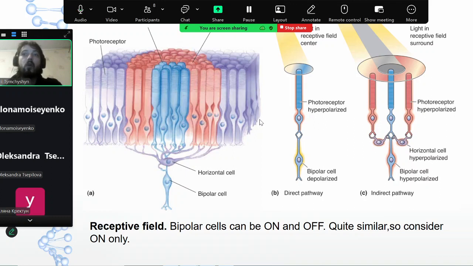One is called on, the other is called off. That depends on the bipolar cell, the cell that will be sending the signal onward. Depending on how the cell reacts to the signal, the whole field will be called on or off. They are pretty similar, so in most cases I will consider just the on version, but you should know there are two.